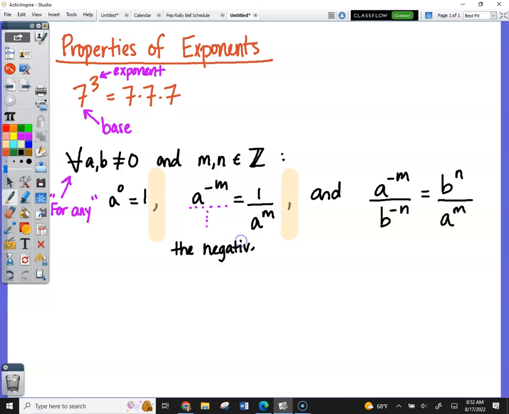The negative power has no value. It means move the base and power to the opposite position.